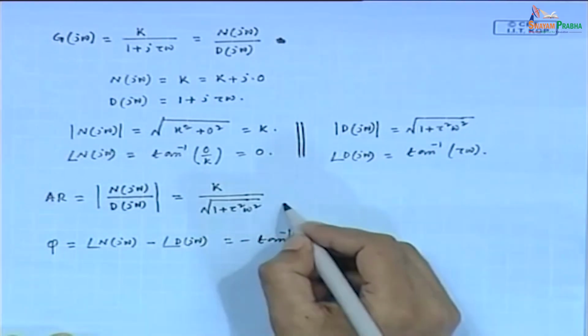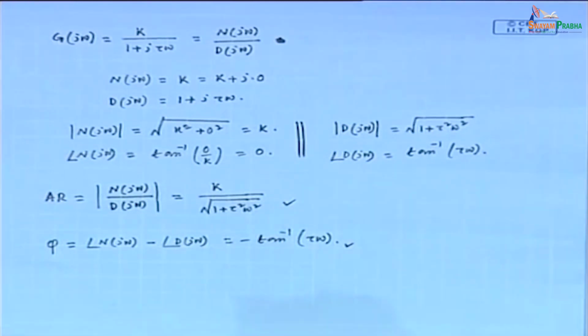Now, these two expressions we obtained also by representing the frequency response transfer function in Cartesian form. Fine. Okay, thank you.